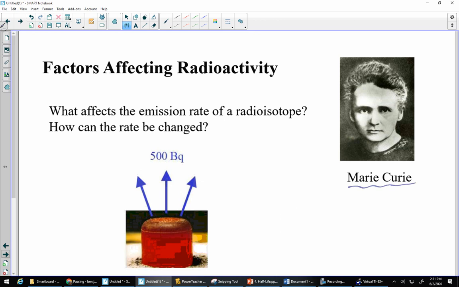I'm just going to take a moment to talk about Marie Curie because we have talked about, let's see, zero female scientists so far in physics, which is kind of disappointing. It has been a very male-dominated profession, I guess, for lack of a better word, for the longest time.